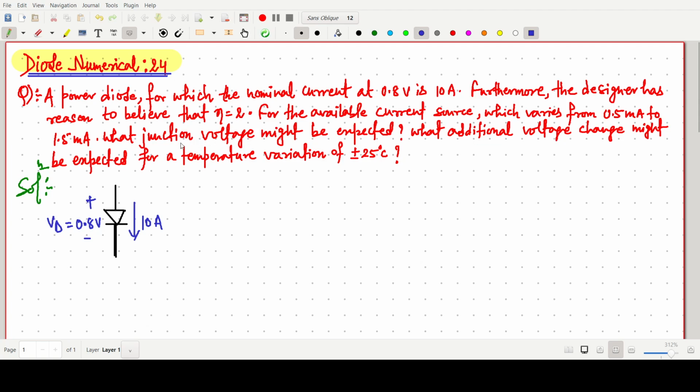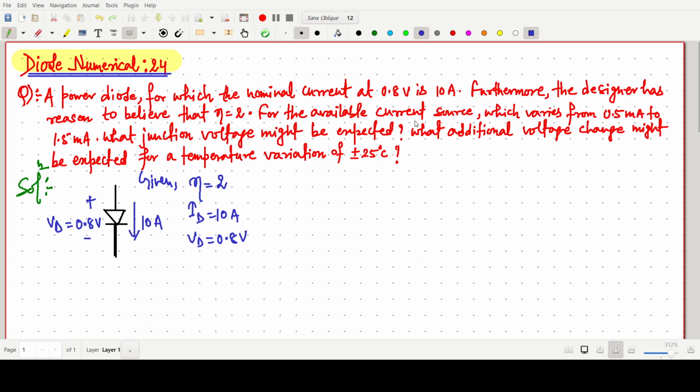Furthermore, the designer has reason to believe that eta is 2. In the question, the ideality factor is also given as 2. So the ID current is 10 ampere and the corresponding Vd is 0.8 volt. These are the given things.